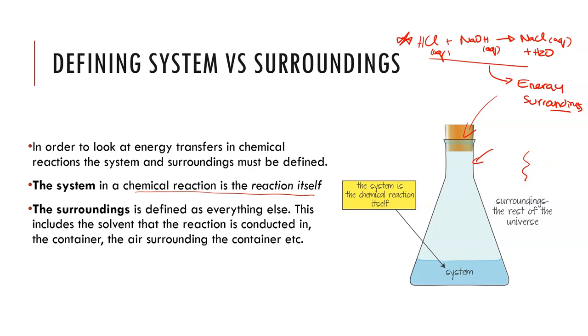So if this reaction, which it is, was exothermic, the surroundings would increase in temperature. So the solution itself would increase in temperature, pass that on to the flask and the air surrounding it. But it would all be coming from the system, which is the chemical reaction itself, because the energy is being released from the chemical potential energy within those compounds.